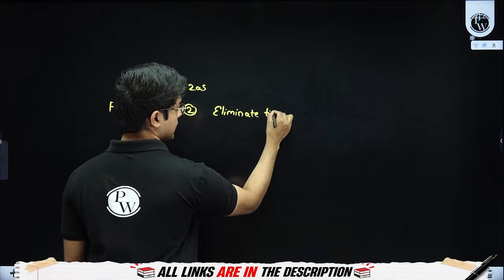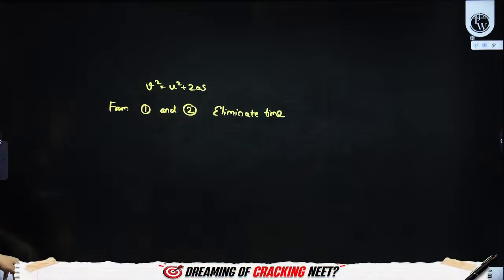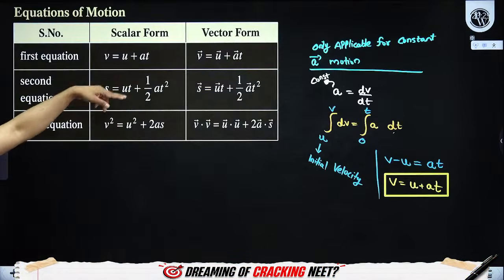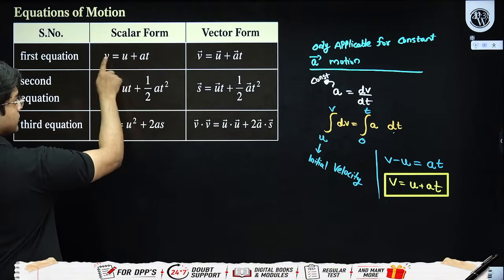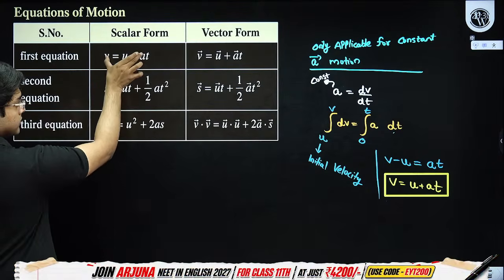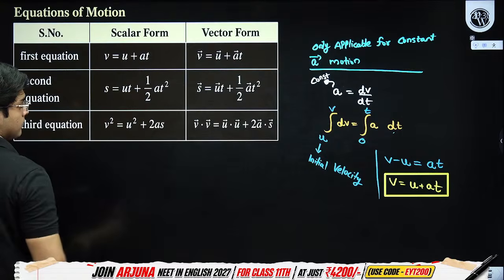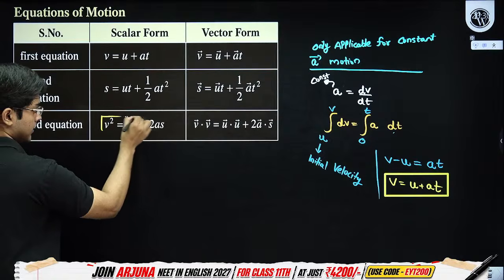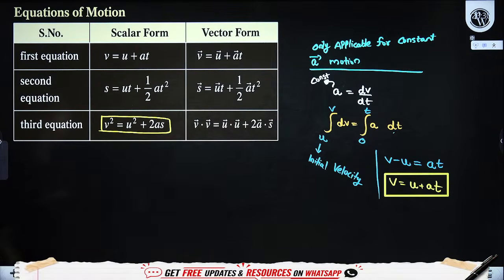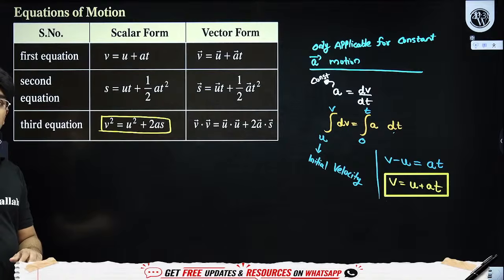Eliminate t. So basically in these two equations you can see a t variable. So you can take time as v minus u by a from this and put it into this equation. Then you will have to solve some equation and you will get the third relation.